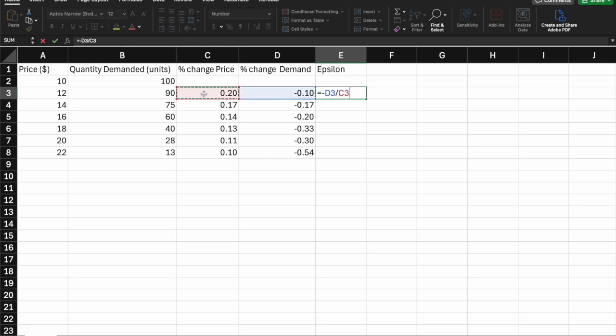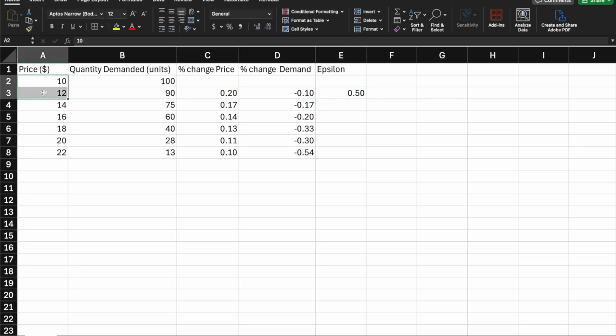Okay, so we can see that moving from $10 to $12, the elasticity here is 0.5. Now going back to our measures, if it's less than 1, we'd say it's inelastic. So changes in price result in very little change to quantity.